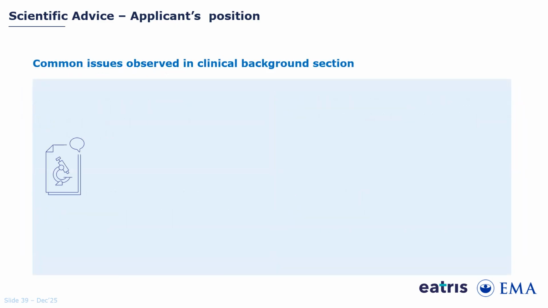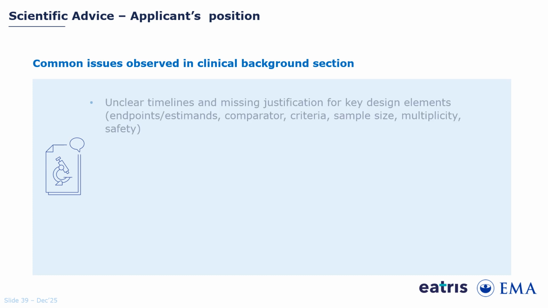Common issues observed in applicants' positions, especially in clinical questions, include unclear study timelines and missing justifications for key study design elements, such as primary endpoints or estimates, choice of comparator, inclusion or exclusion criteria, sample size, multiplicity control, and safety monitoring strategies.